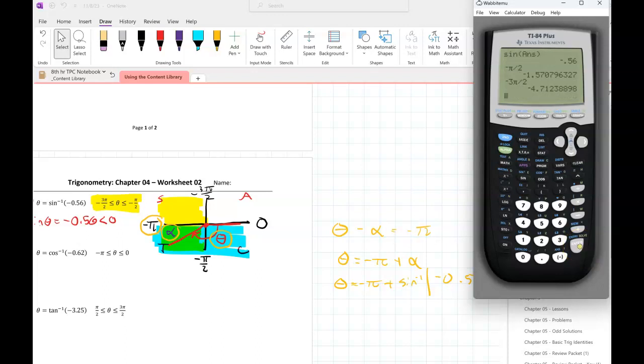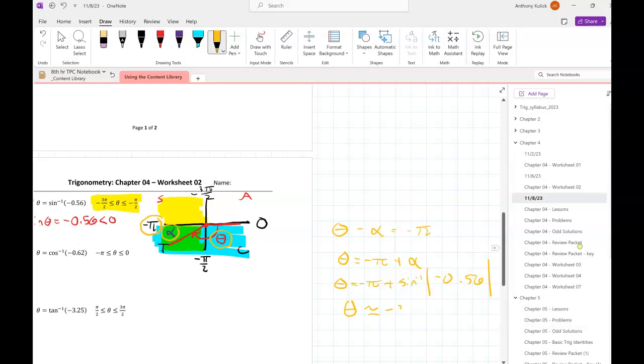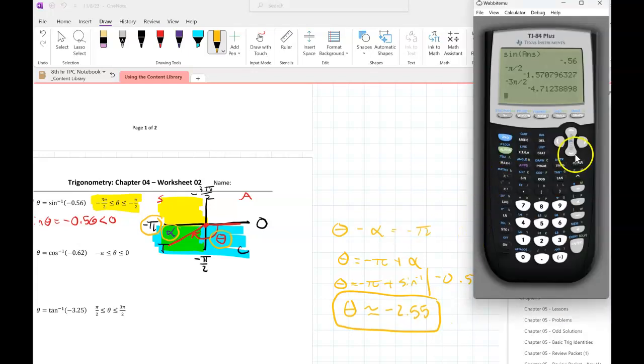Okay, so is that theta equals negative pi plus alpha? Yes. Okay, because I put in a positive pi on accident, and then I checked my answer, but I still got negative 0.56.